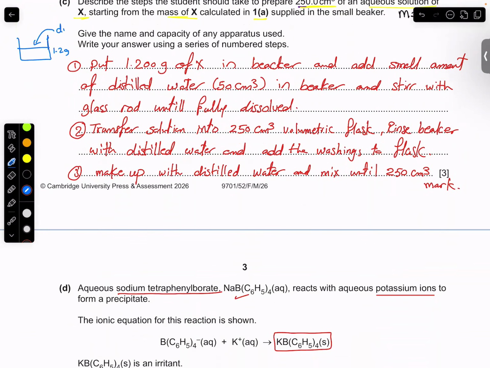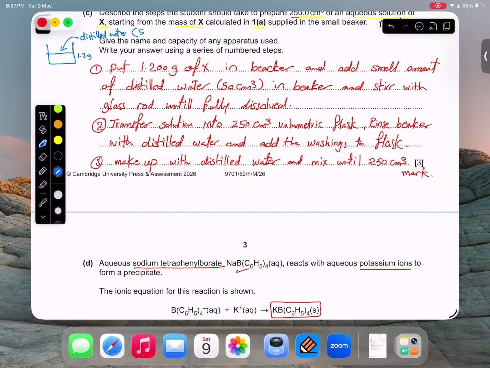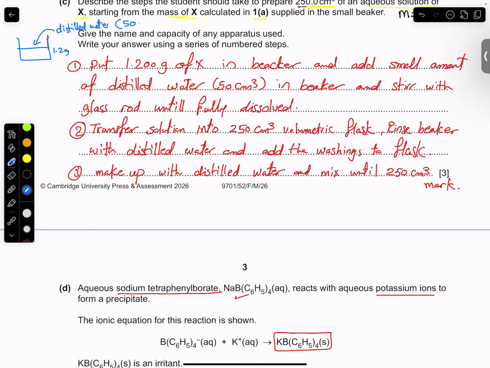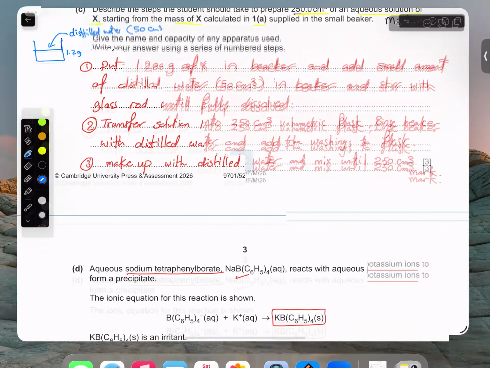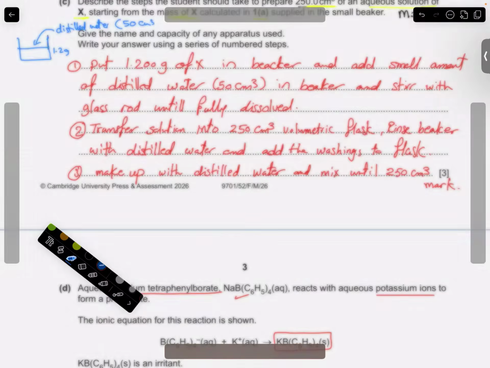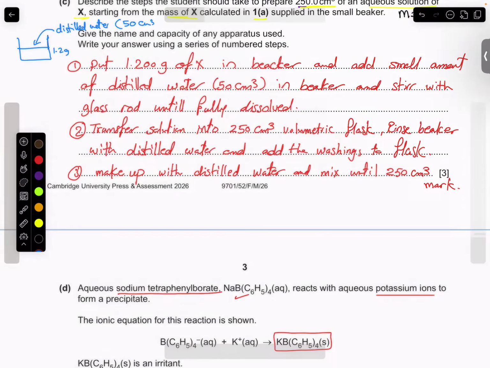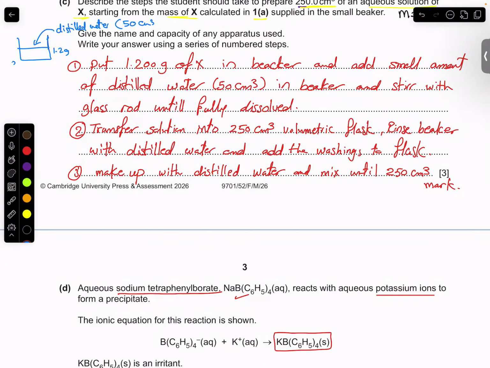Then we add a small amount of distilled water, like 50 cm³, and use a stirring rod to stir until it is completely mixed. Then transfer it to a 250 cm³ volumetric flask.